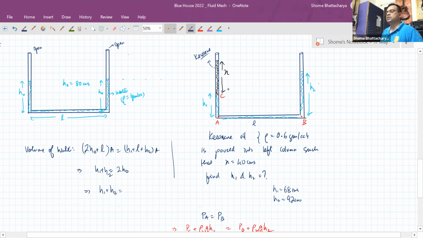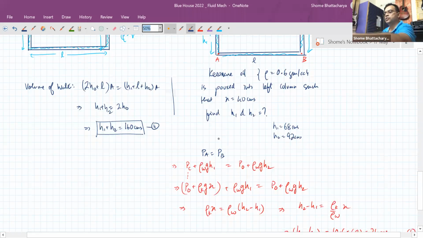This is a very intuitive equation: whatever the level goes down on this side, it has to come up by the same on the other side. So h1 plus h2 should be equal to 2h0, which is equal to 160 centimeters. Now all we have to do is solve these two equations, equation 1 and 2, and we'll get these values, which I have written down.